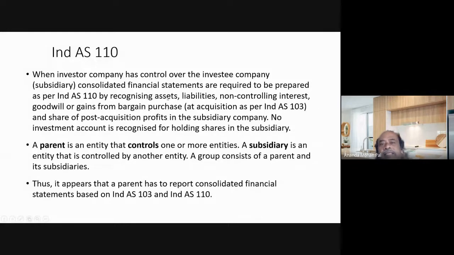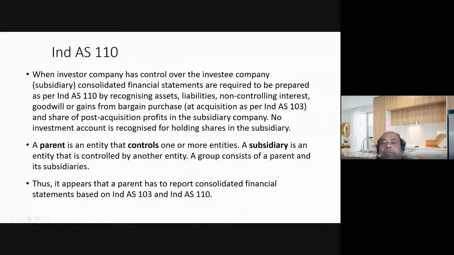By recognizing assets, liabilities, non-controlling interest, up to this part it is okay. And then goodwill or gains from bargain purchase at acquisition as per Ind AS 103. Only this item, goodwill or gains from bargain purchase, is only at acquisition as per Ind AS 103.